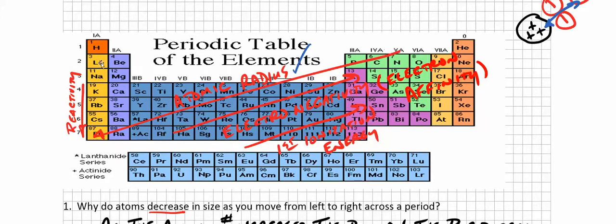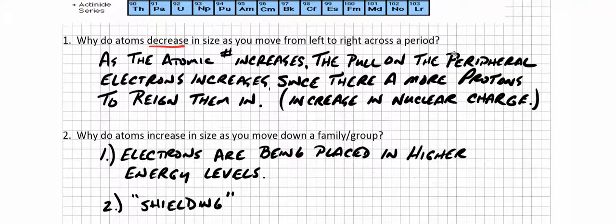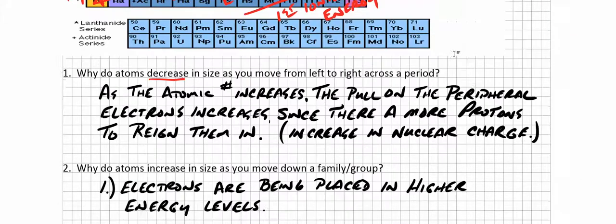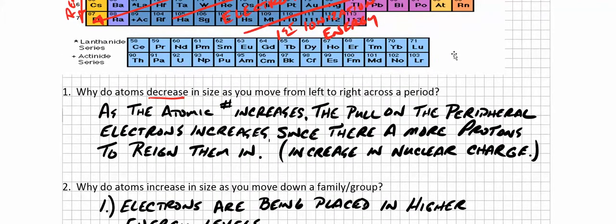Notice that the electrons are all going to be placed in the same main energy level, which is the second main energy level. So as I go from lithium to beryllium and so forth, I'm going to see electrons being placed in the same main energy level.